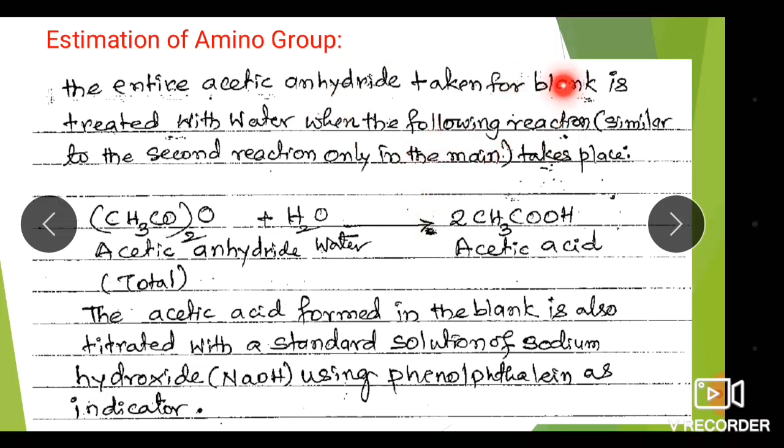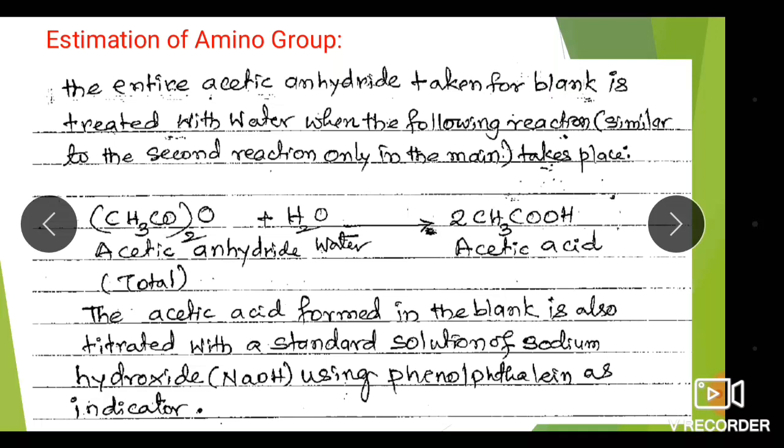If 5 ml of NaOH is required for the neutralization of the acetic acid formed by the unreacted acetic anhydride left after reacting with the organic compound, then the net difference between blank 10 and sample 5 will get 5 ml. So 5 ml of acetic acid, that acyl group, is consumed by means of the amino group.